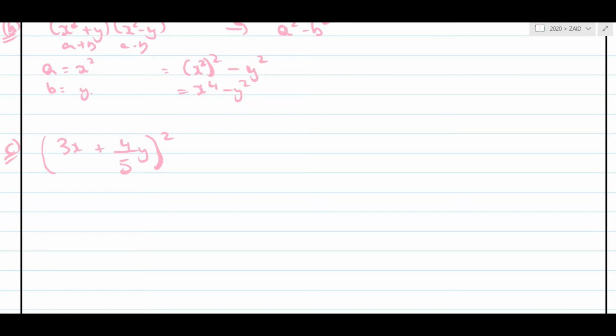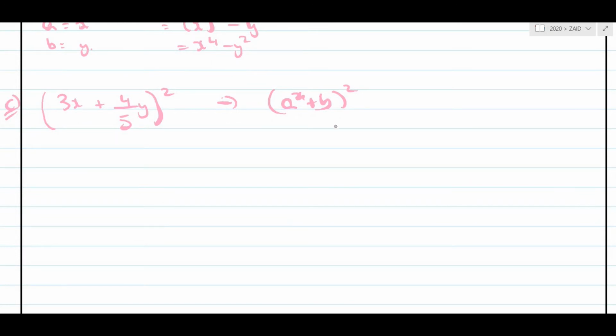Moving on to part C. In this question we have (3x + 4 upon 5y) whole square. As you can see, this is the same identity as (a + b) whole square. In this case a is equal to 3x and b is equal to 4 upon 5y. And when you expand the identity (a + b) whole square, the result is a square plus 2ab plus b square.